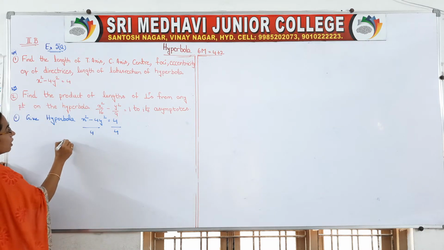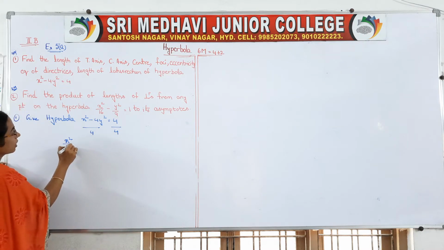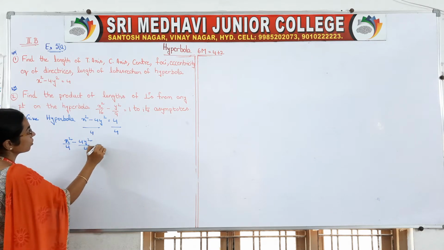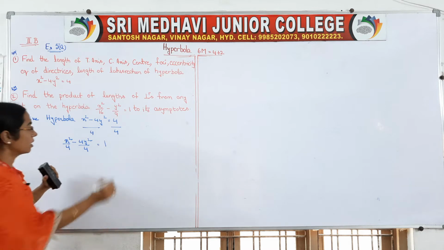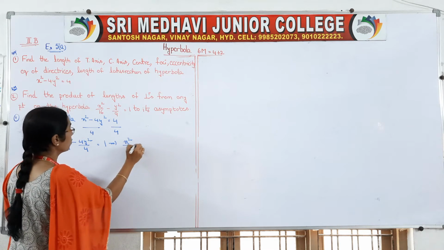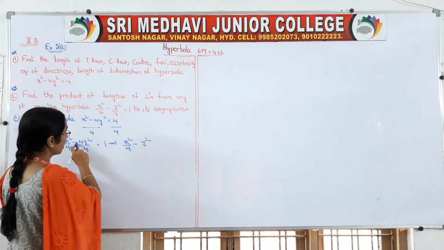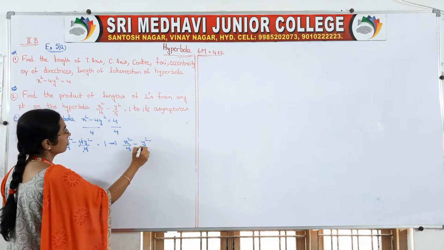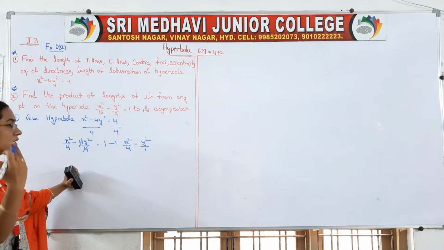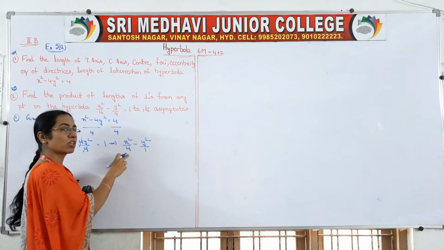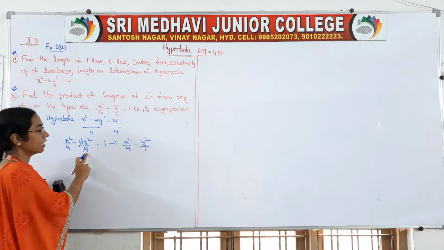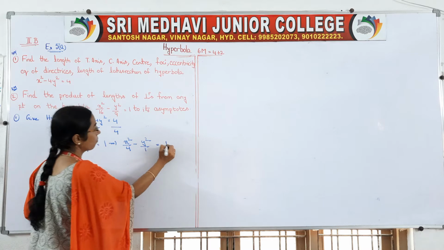Then you will have x square by 4 minus 4y square by 4 is equal to 1. So it is x square by 4 minus y square, the 4 cancels, but it should be in the form of 1 square or 2 square, like that. It should be in the form x square by a square minus y square by b square, so we write 1 as 1 square.